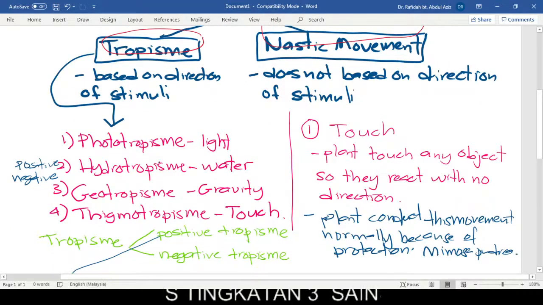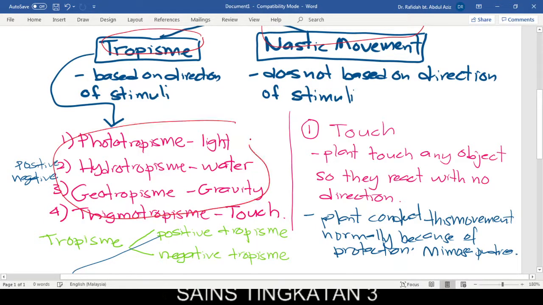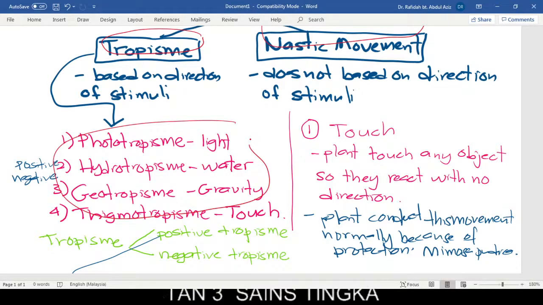And we have four tropisms based on the different types of stimuli. So I hope that you can understand and remember the classification and the meaning of stimuli and responses in plant.